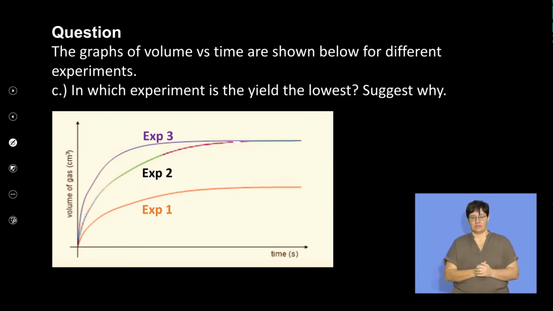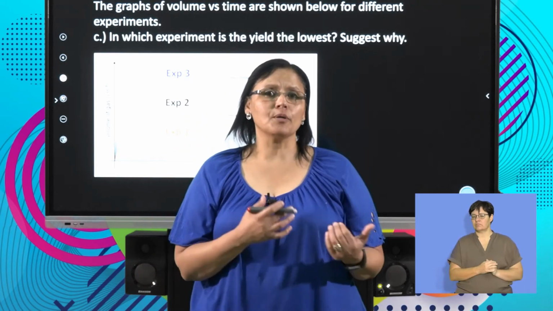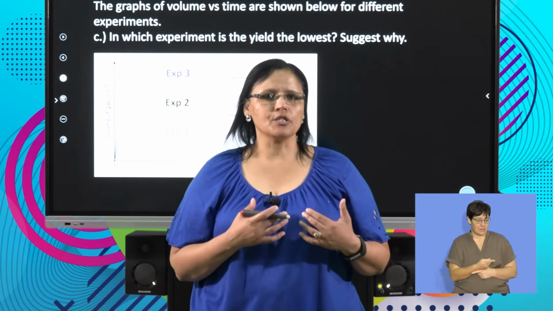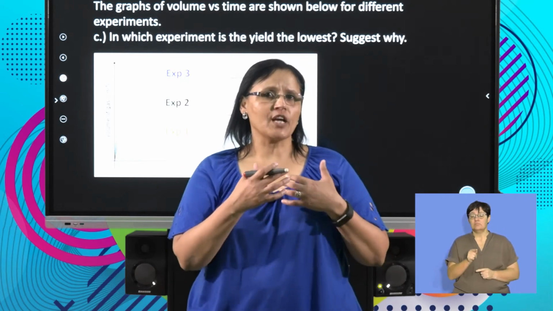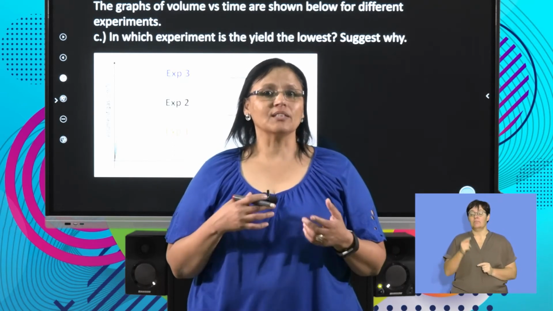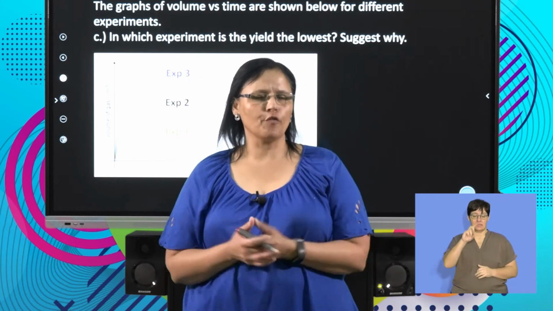If we look at in which experiment is the yield the lowest, and suggest the reason why that will happen. By the time the curve flattened off, we know that no more product will be formed. So when we have a flattened off curve, we have to look at how much was put in, because the amount of reactant that is put in will determine the yield of an experiment.